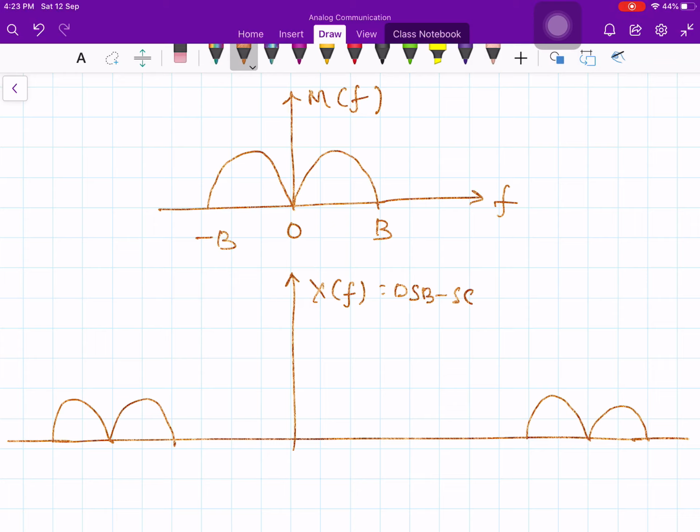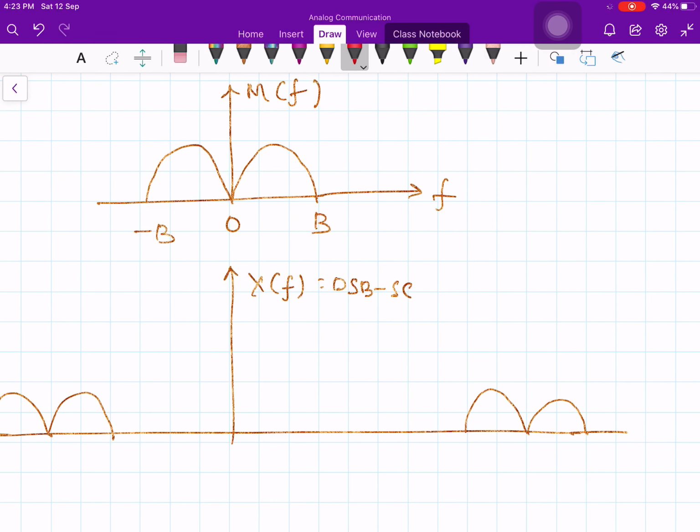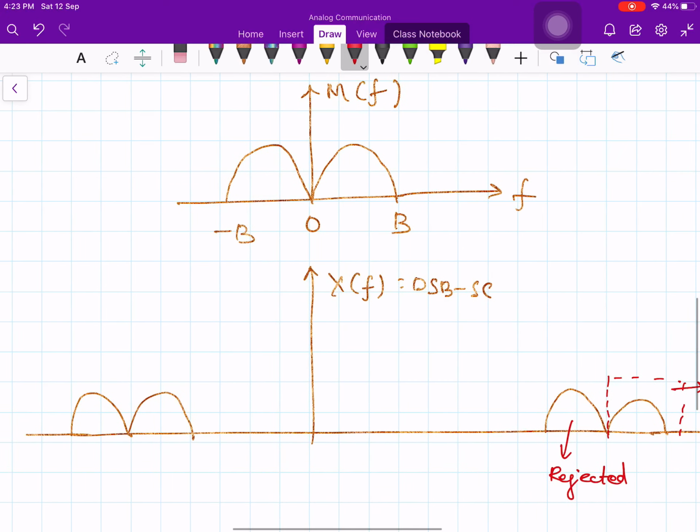Okay, so what you do is you put a sideband filter, and that filter passes along this part. You put a filter like this. Okay, this will be passed and this will be rejected. And here also this will be passed and the lower sideband will be stopped.